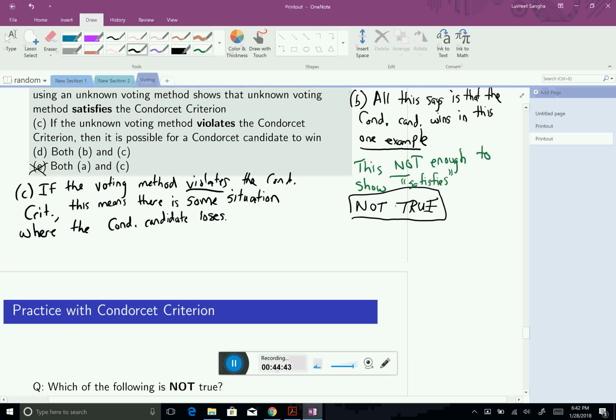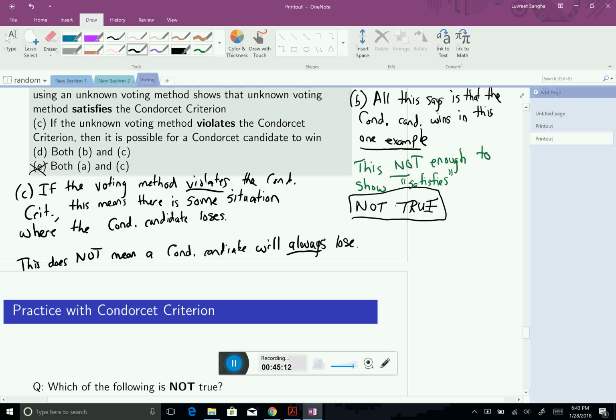This does not mean a Condorcet candidate will always, I'm going to underline always, will always lose.